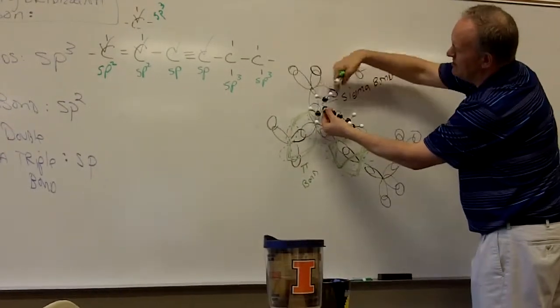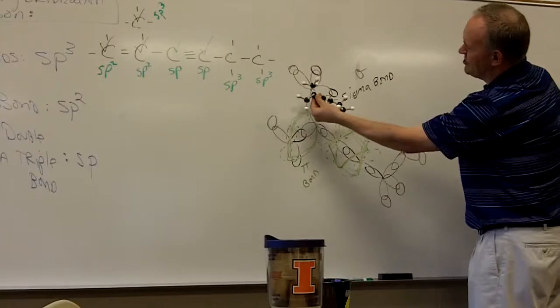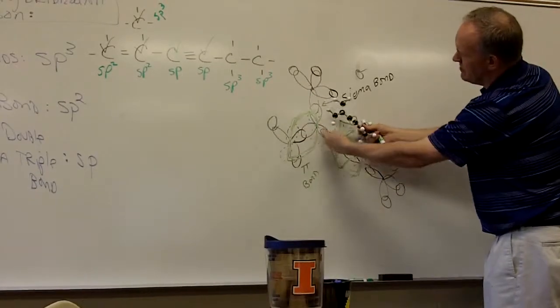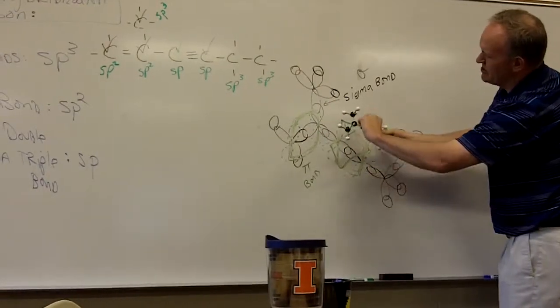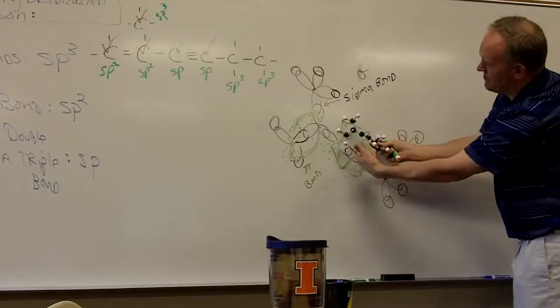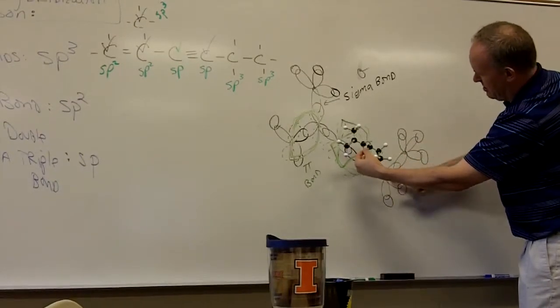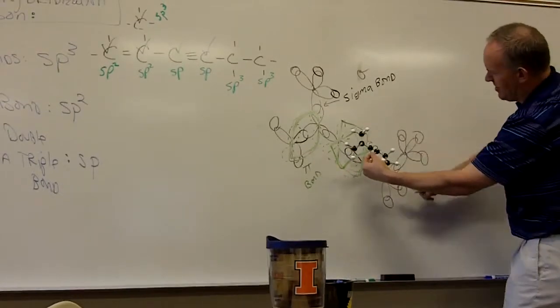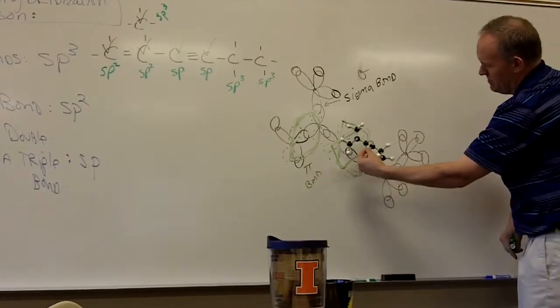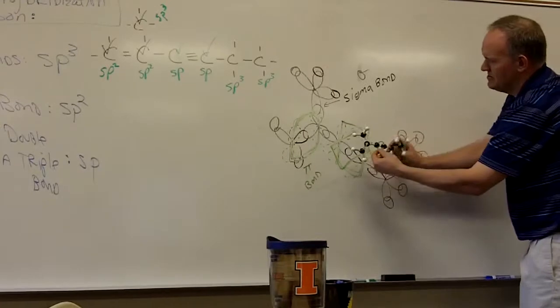Up to my tetrahedron, upside down tetrahedron there. Single bond, triple bond, straight, triple bond here. And then I get out to here and wait a minute, this one has it going up, that one has it going down. I said it didn't matter, it doesn't.